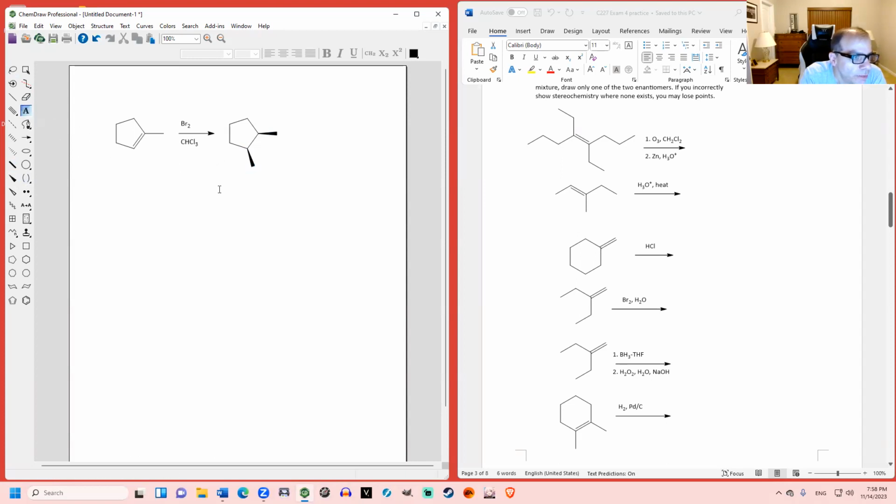We'll have one bromine on a wedge bond and one bromine on a dotted bond. Or just to clarify, you would pick either one of these two answers, not both, one or the other.